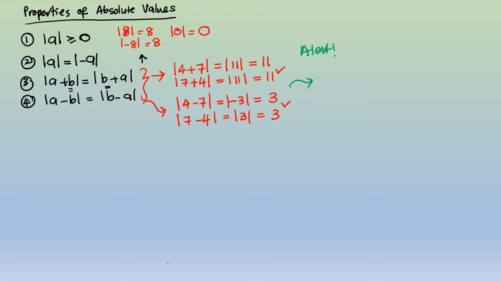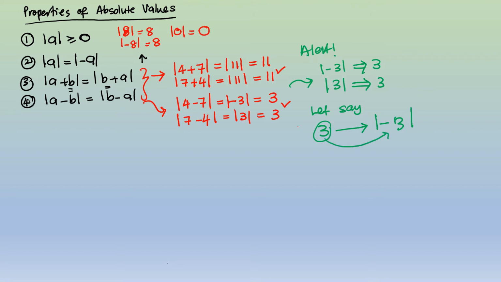Modulus negative 3 equal to 3, and modulus 3, you get 3. Let's say you have number 3, but you can't change it to be modulus negative 3. You get what I mean? From a modulus, the value will be positive, but from a value, you can't change it to modulus negative inside.